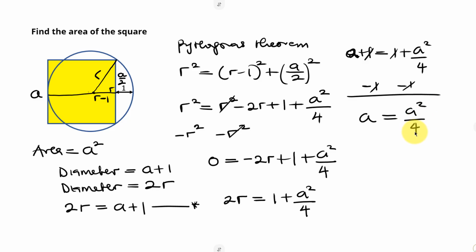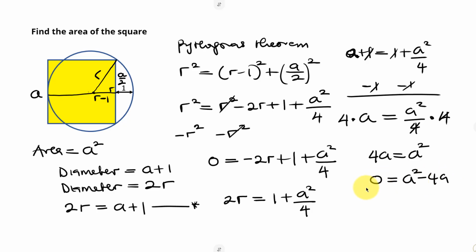Now let's get rid of the fraction by multiplying both sides by 4. So I'll multiply the left hand side by 4. I'll also multiply the right hand side by 4. So 4 times A gives 4A to be equal to, now this 4 can cancel out this 4, leaving behind A squared. Now let's move everything to one side. So we have A squared. As 4A crosses, it becomes minus 4A.